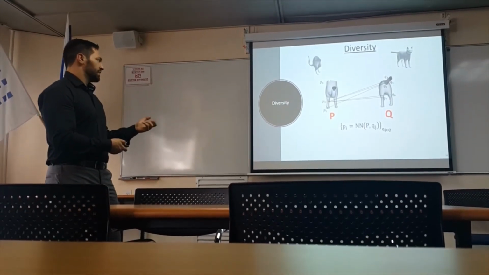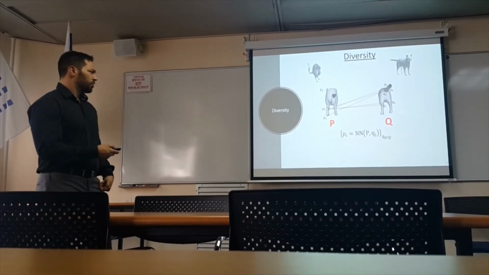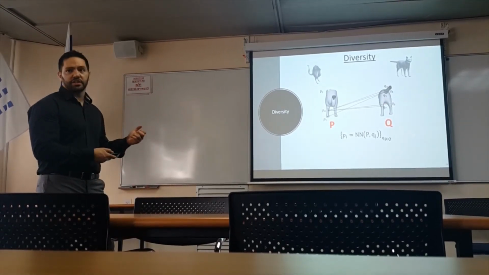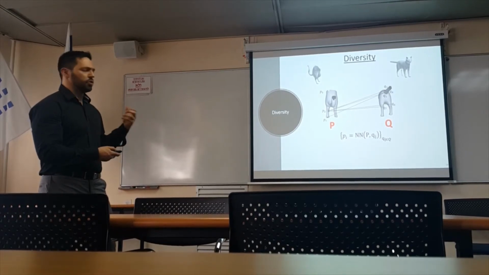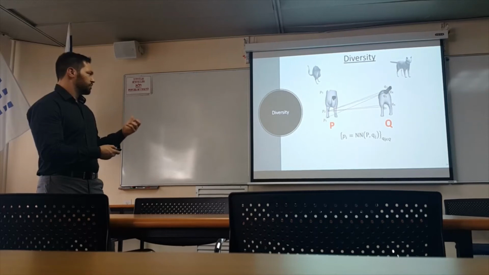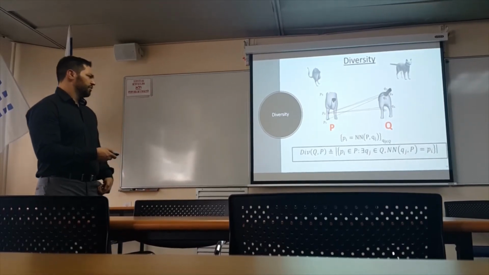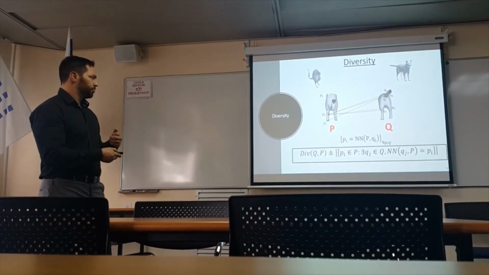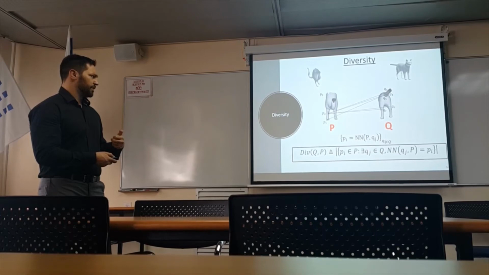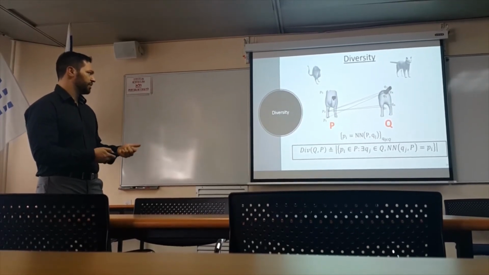So what is diversity? Here we have a small example, and the arrows denote a nearest neighbor relation from local shapes on Q, which is from the full model, to local shapes on P. And the diversity is the number of points of local shapes on P which have a local shape Qj in Q that considers it a nearest neighbor.